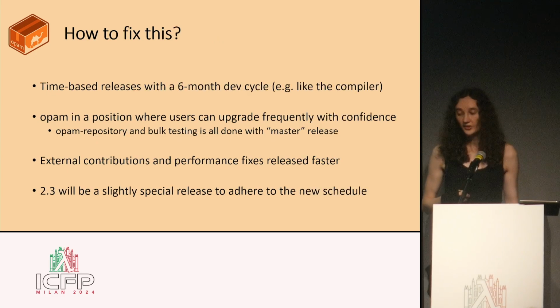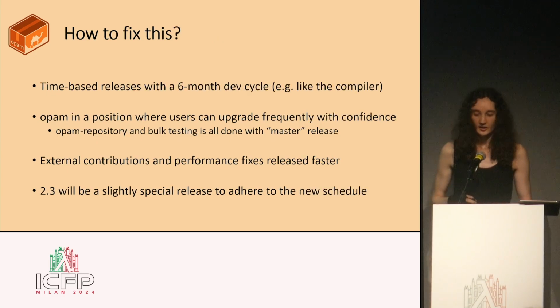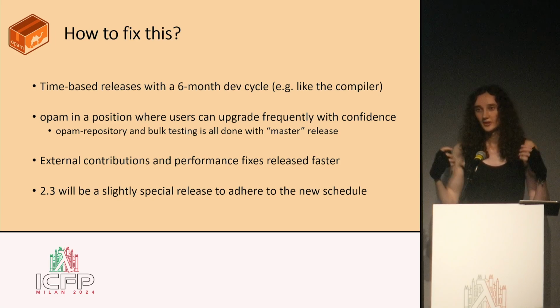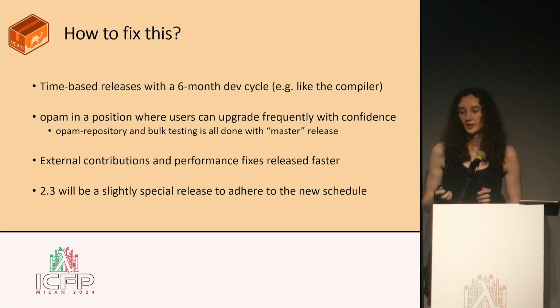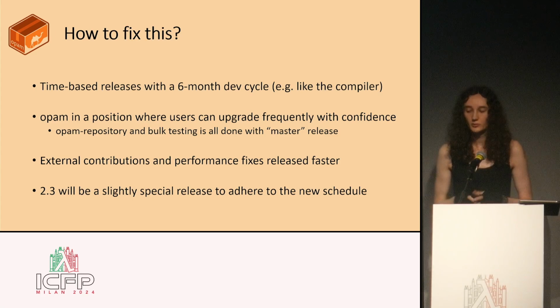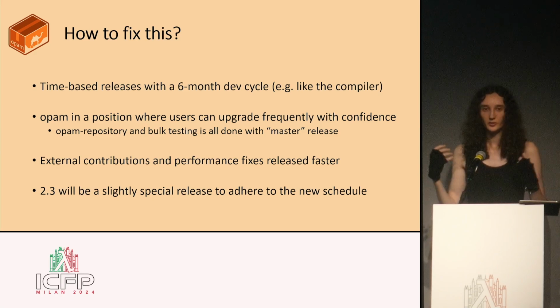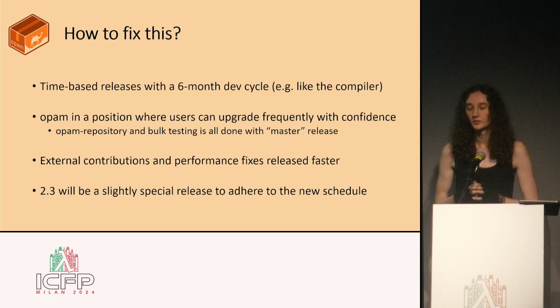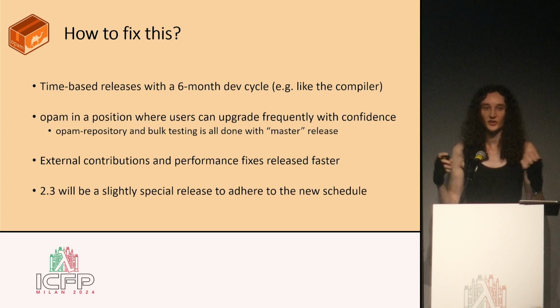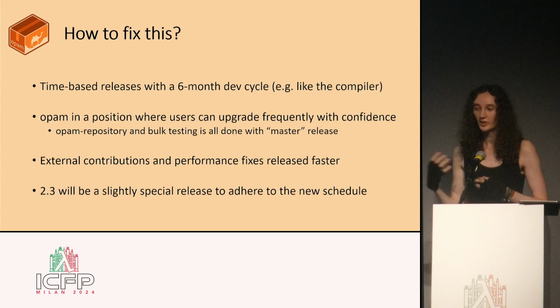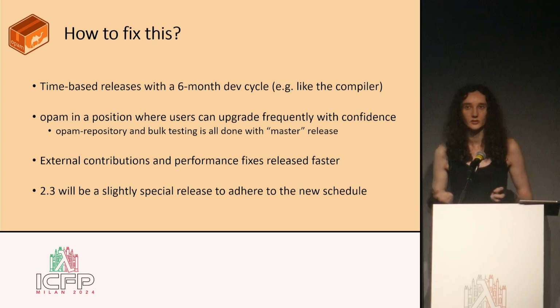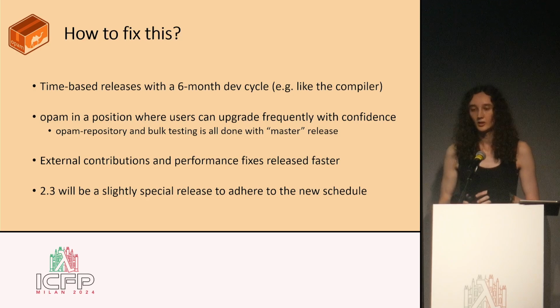So how do we fix this? We've decided to switch to a new release cycle, to a new release schedule, and there's going to be a time-based schedule. So every 6 months, we're going to do a release, similar to what the compiler or other big open source projects do.